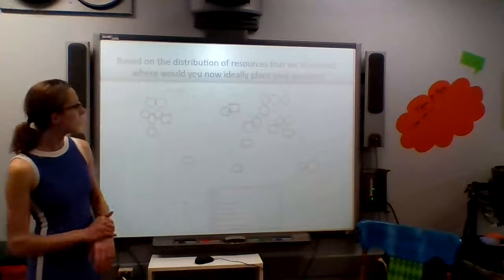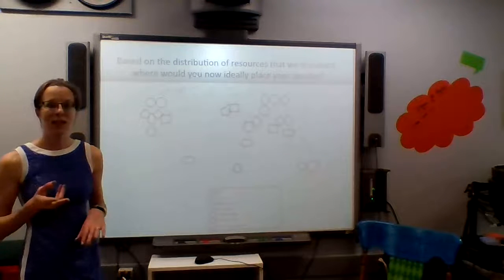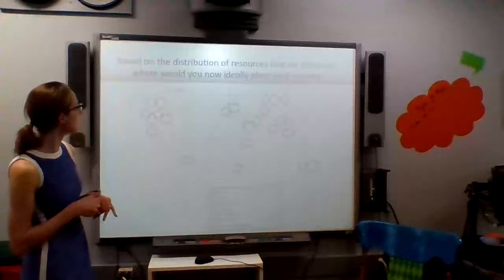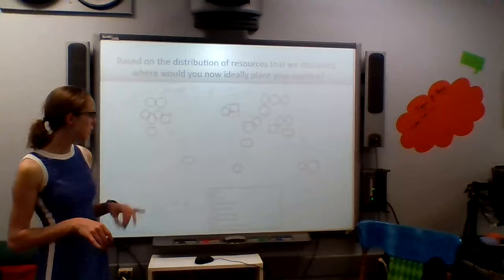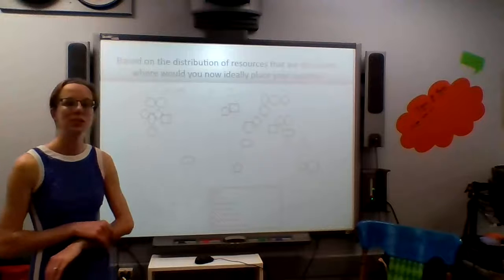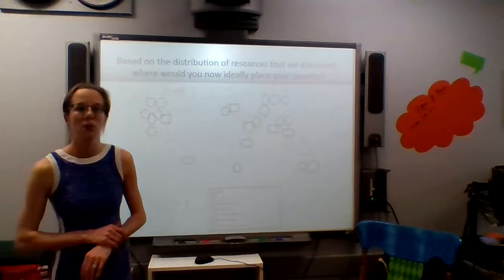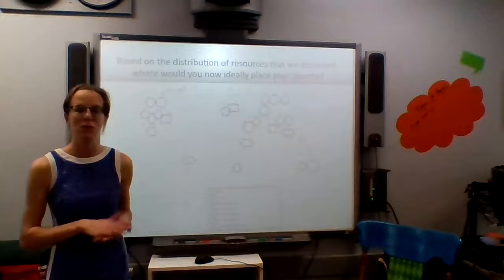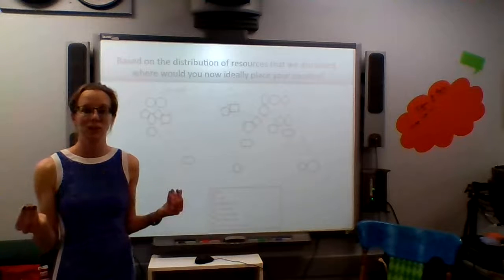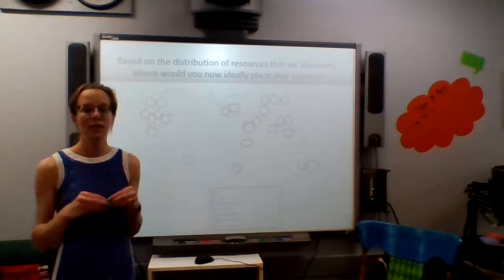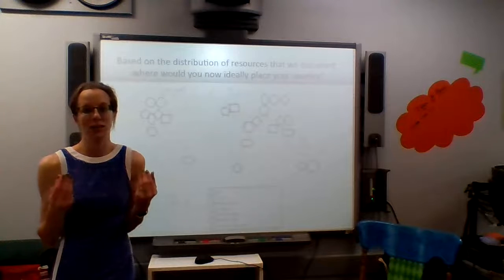All right, so your assignment for today is kind of twofold. First of all, based on the distribution of resources we discussed, where would you ideally place your country? So last time, or earlier in this class when you were working on your map, you kind of randomly picked a country location based on where you thought you wanted it to be.